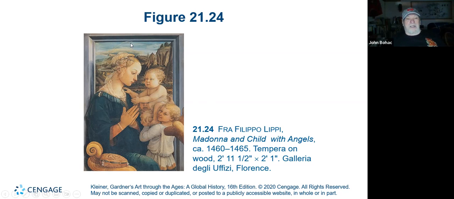And again, we see just barely a trace of the halo here and there. The baby looks, again, more like the baby. And this angel is actually kind of playfully looking back at the viewer. We see the Madonna, but she doesn't have a head covering.